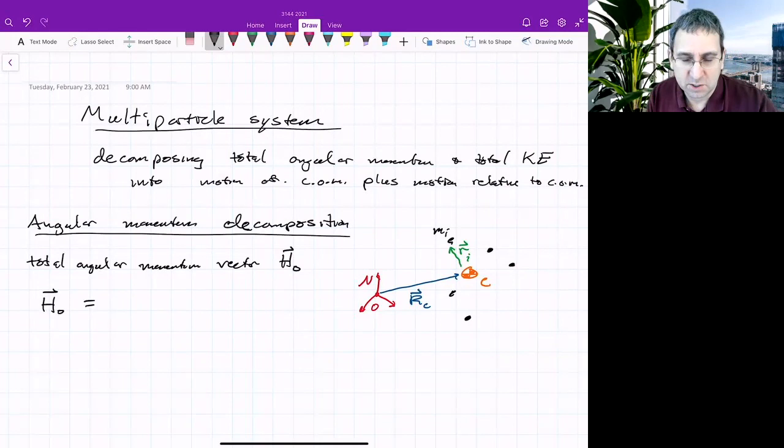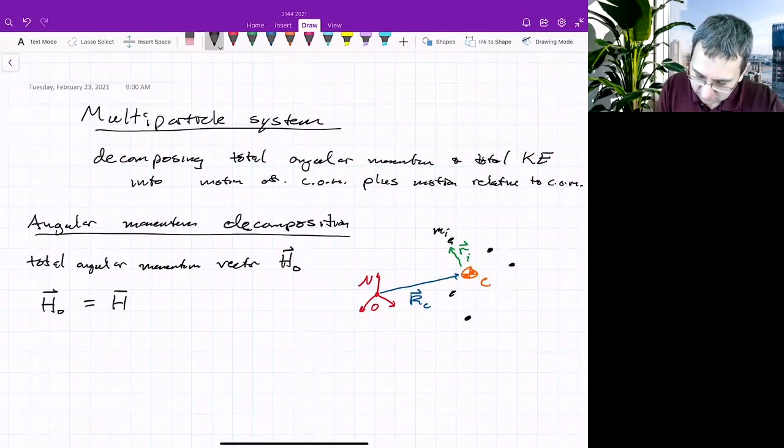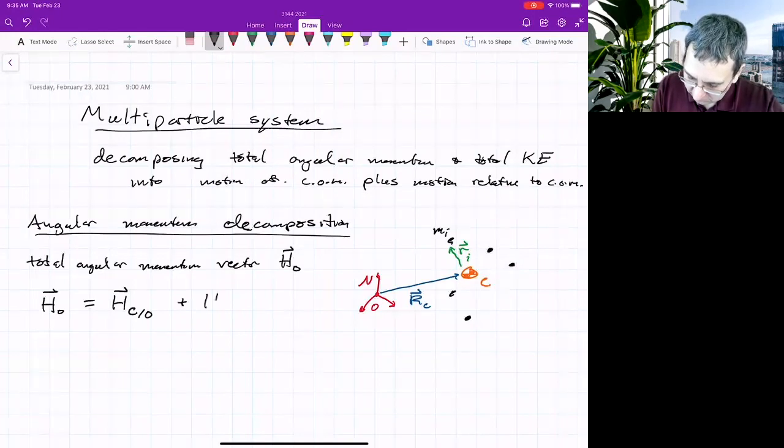I'll just give you the punchline. It could be written as the angular momentum of the point C with respect to O plus the angular momentum of the system with respect to the point C. I'll write what each of these are, but let's summarize here.